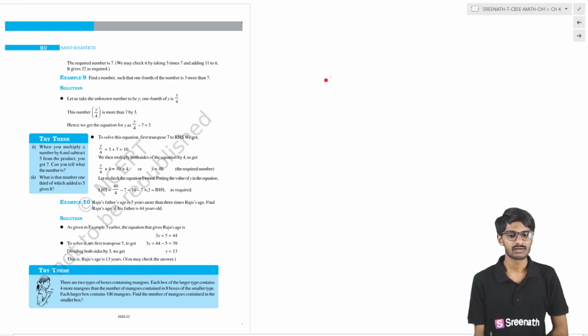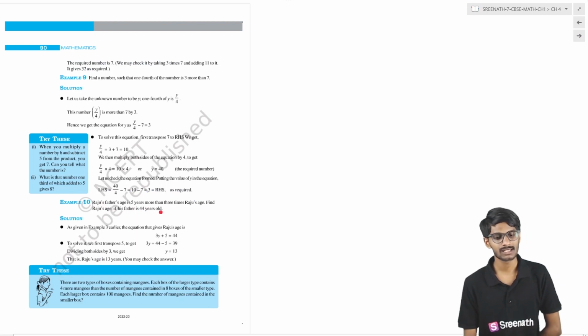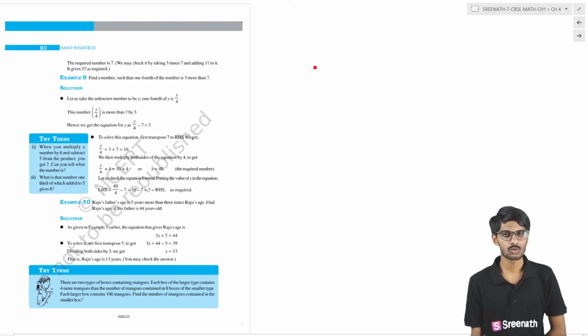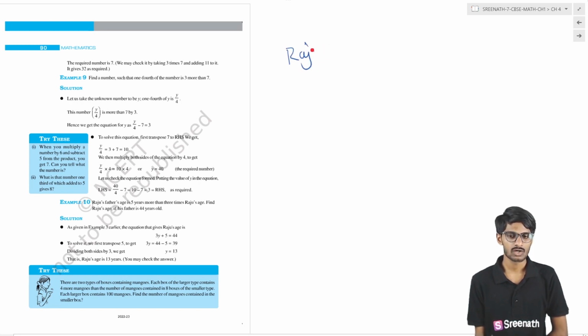Raju's father's age is 5 years more than 3 times Raju's age.